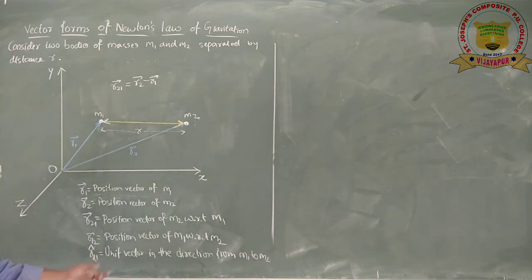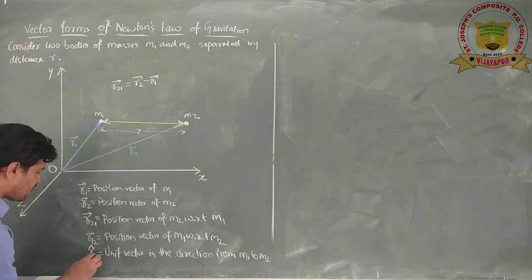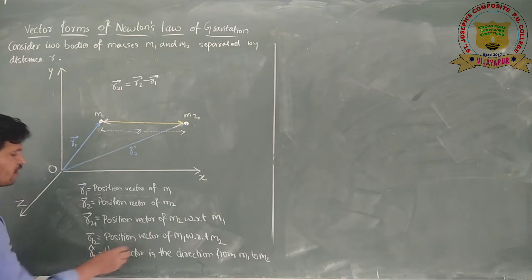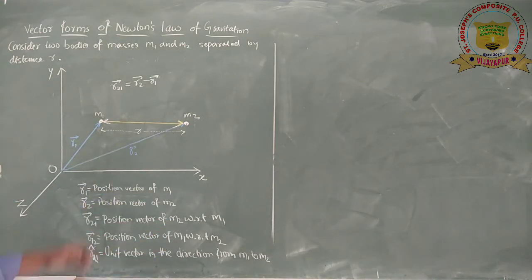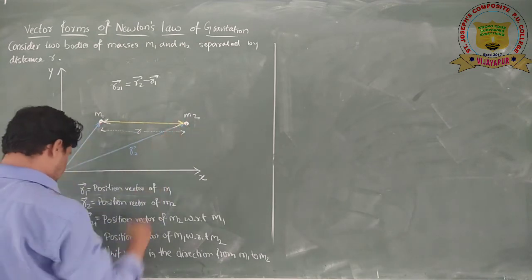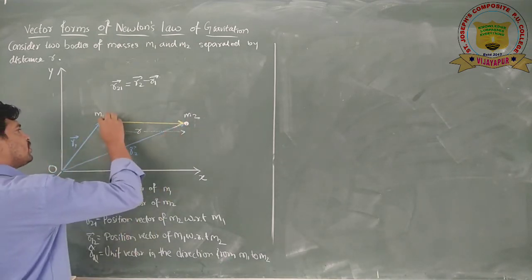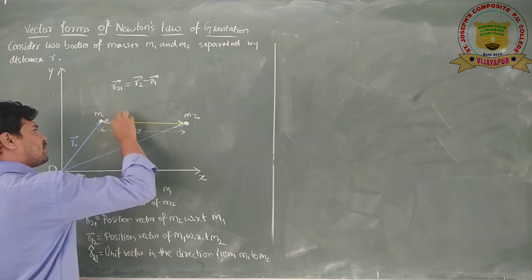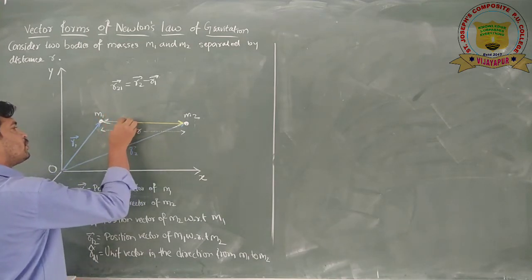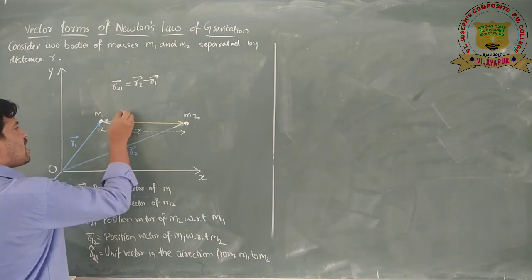I will represent that unit vector with this blue vector. This is our unit vector r21 cap.